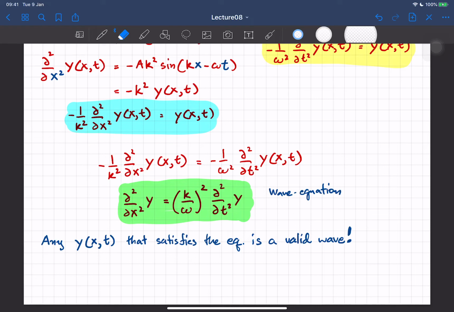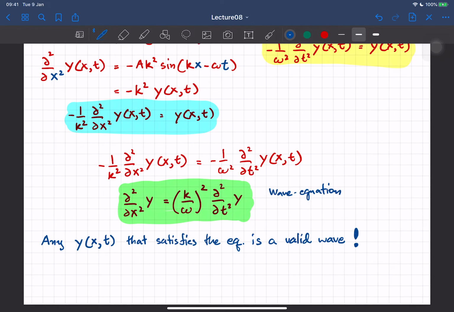Which is good mathematically, because if you want to see if any particular function is a wave or not, then you plug it into this wave equation, and you just see whether it solves this equation or not. If it does solve it, then it's a wave. If it doesn't, then it's not a wave, right?